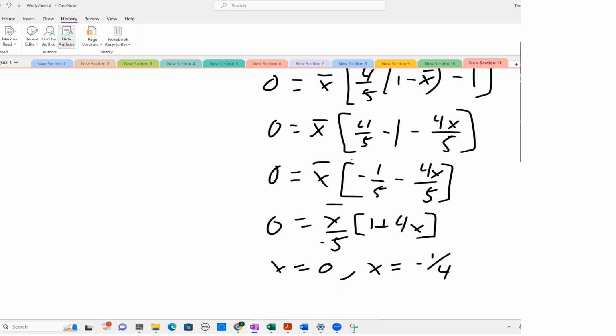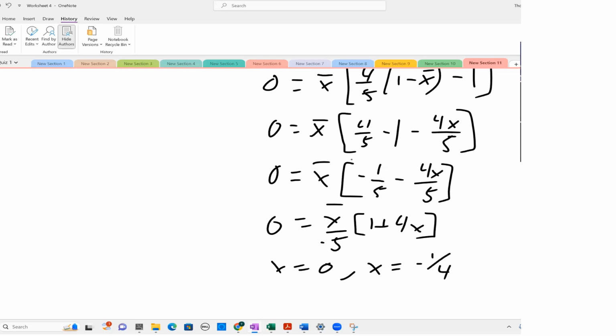So those are our two equilibrium points. And when we solve the equilibrium points of our difference equations or recursive relations, it's the same process every time. Now we need to determine if it's stable.